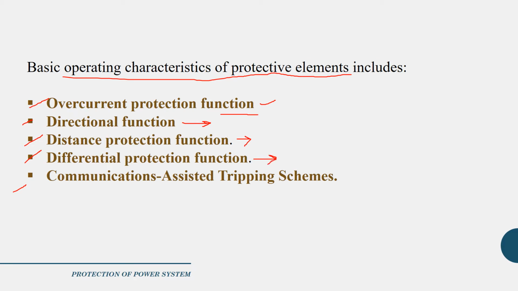Communication assisted tripping schemes. Here, we generally use this for transmission line protection, where a communication between the two distance relays will decide whether a fault has occurred in the system or not. So these are some of the operating characteristics.